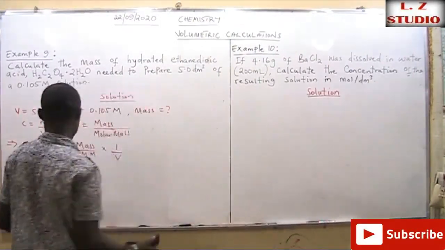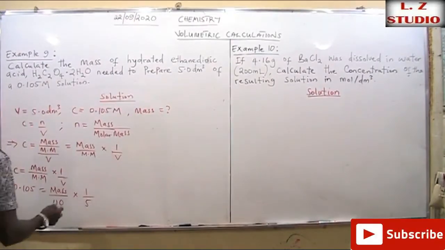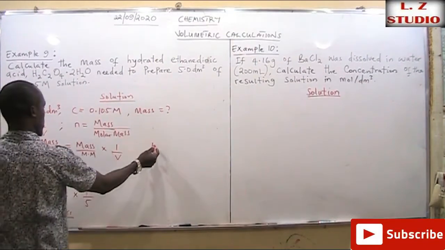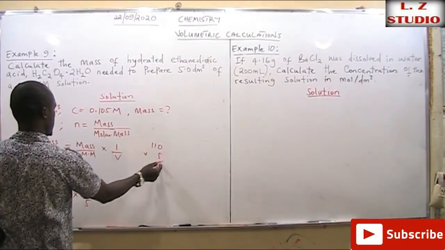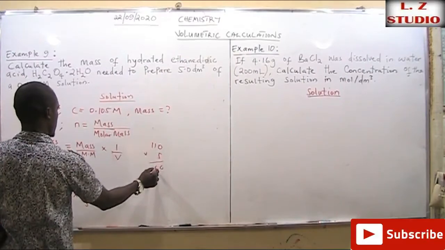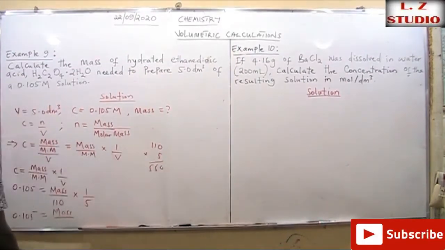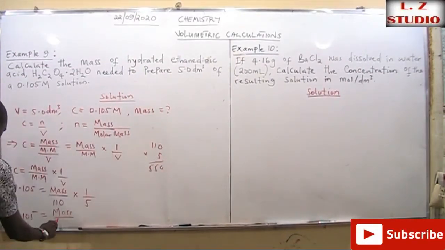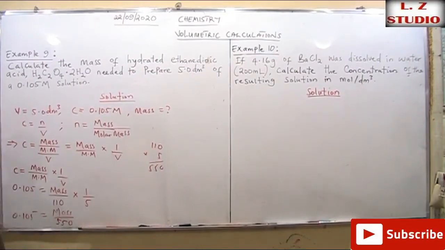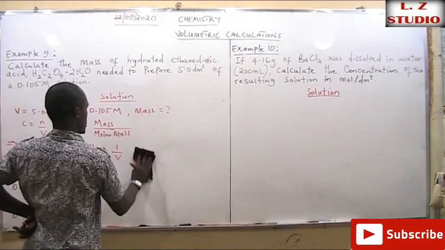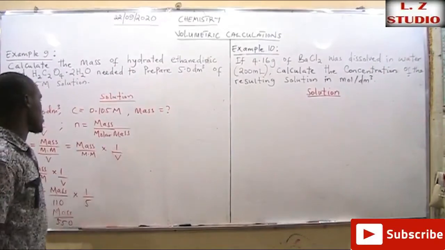So we have 0.105 is equals to mass divided by 110 times 5, which is 550.